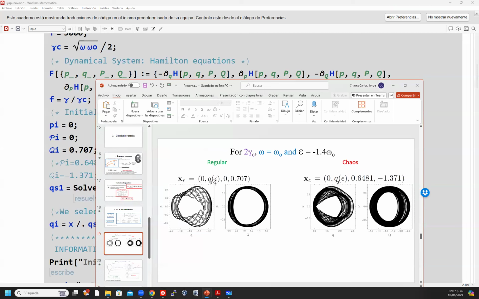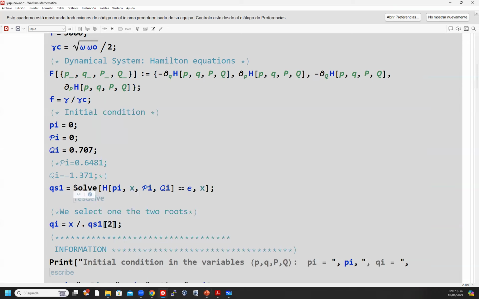Capital P is 0, and the capital Q is this quantity. And I solve symbolically this quantity Q with this command that solves from the Hamiltonian, just to get the information of Q, my initial condition. And I use Q1 because we have two roots. I showed this in the previous slide.